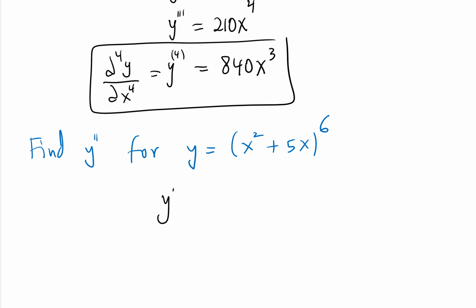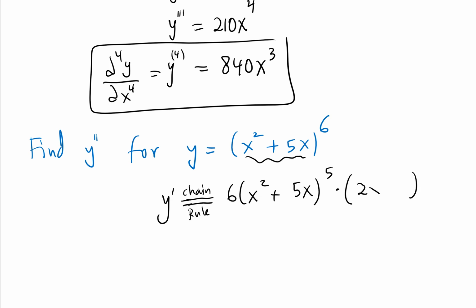First, y prime. To do this, we need to use the chain rule. So y prime equals, by the chain rule, 6 times x squared plus 5x to the 5th power, times the derivative of the inside, which is 2x plus 5. I'm going to slow down for that. That's only y prime.